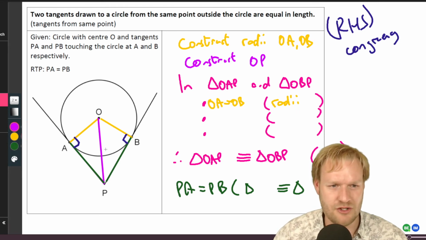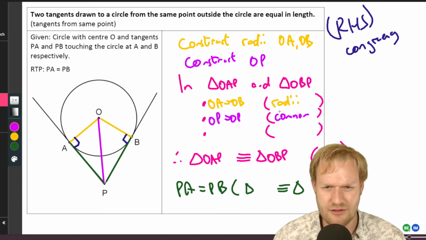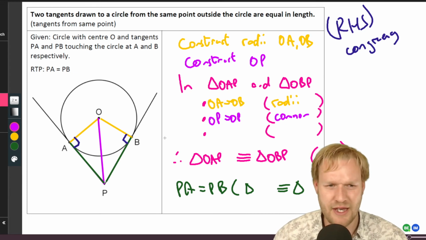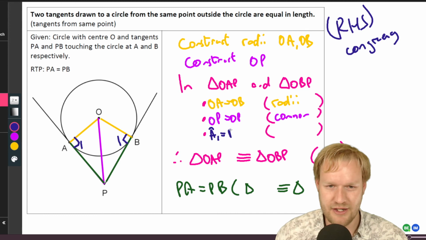Then we know that this line here, OP, is common. So OP is common, or OP equals OP. It doesn't matter which version you write it in; common is our keyword. And finally, we've got that this angle and that angle are 90 degrees. I'm going to call that A1 and that B1 so that it's easier to write over here.